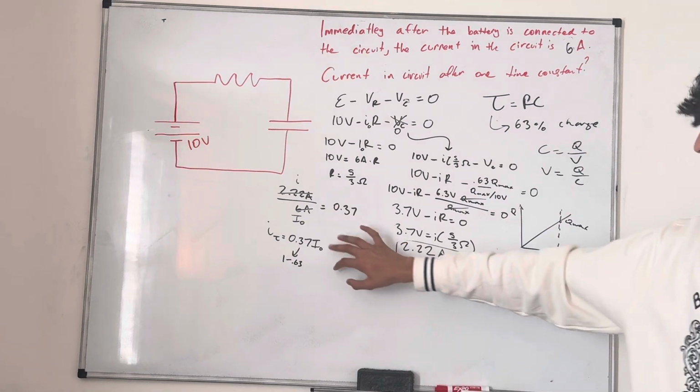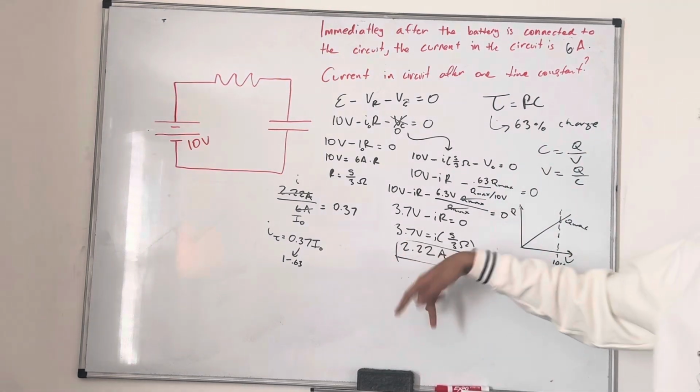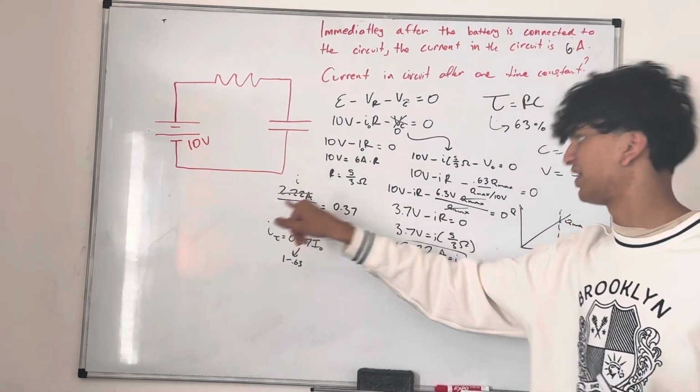Because what I did right here is not a proof. This is just an observation. If you took 2.22 over 6 amps, you get 0.37.